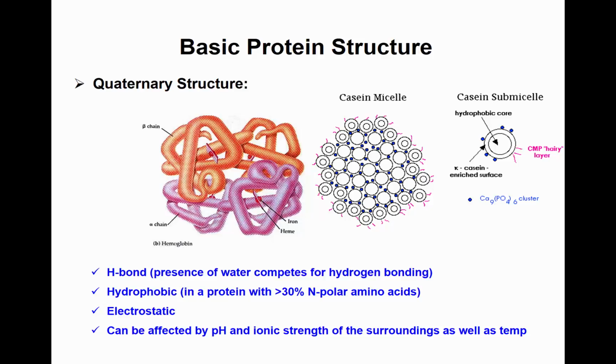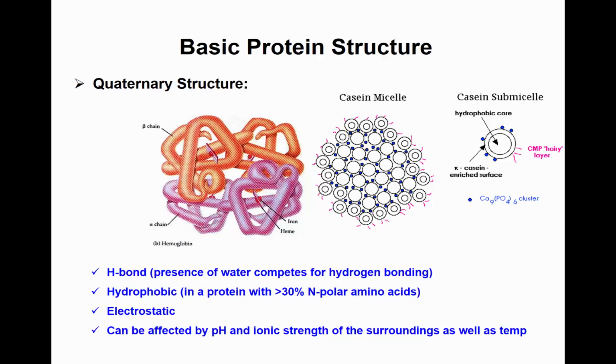Casein is the most perfect example, where you have 4 different types of caseins associated to form a micelle, which keeps the casein suspended in milk. What keeps it in a micelle is a combination of hydrogen bonding, hydrophobic, and electrostatic interactions. Electrostatic is mostly from the phosphate groups. You have the calcium pyrophosphate linkages between the phosphorylated proteins.